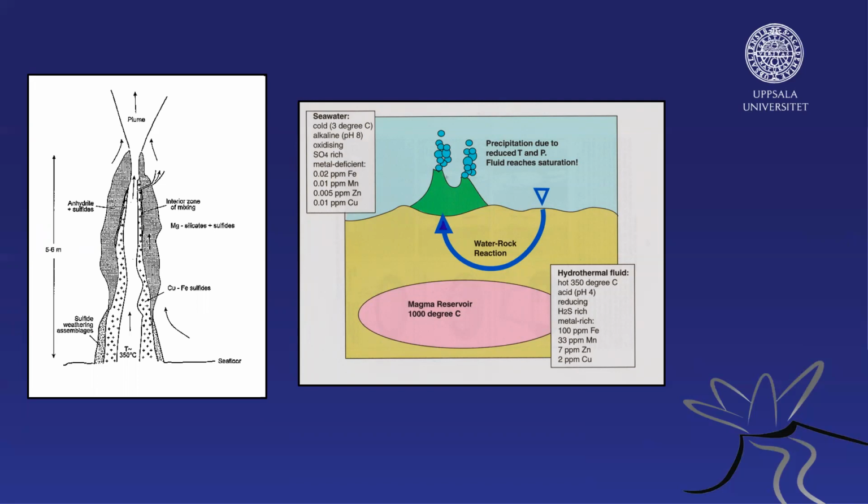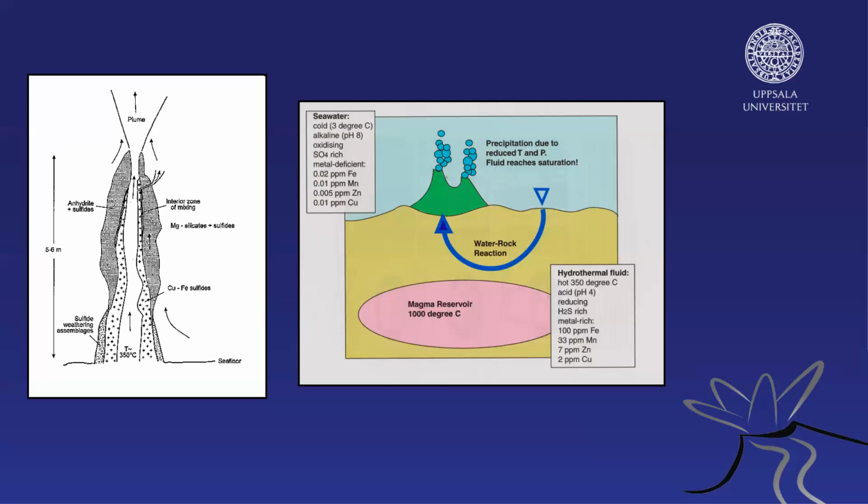It goes into the oceanic crust, goes close to the magma reservoir, and then it is transformed, it becomes very hot. So it has the capacity to leach metals, and it becomes a hydrothermal fluid. It's hot, it's acid, it's reducing, it's rich in sulfur, and contains a lot of metals.